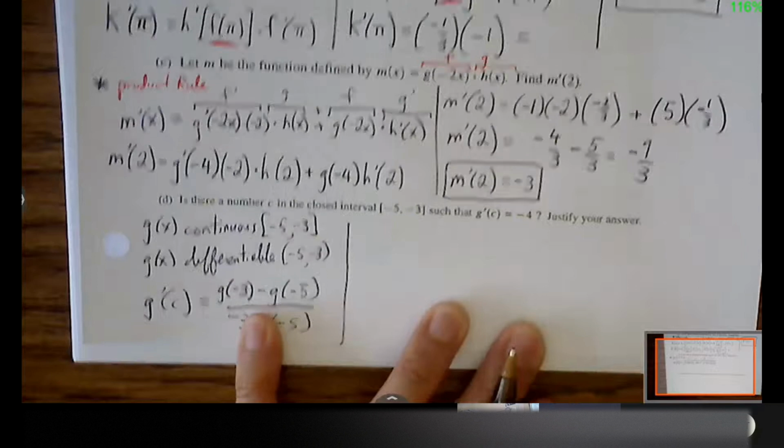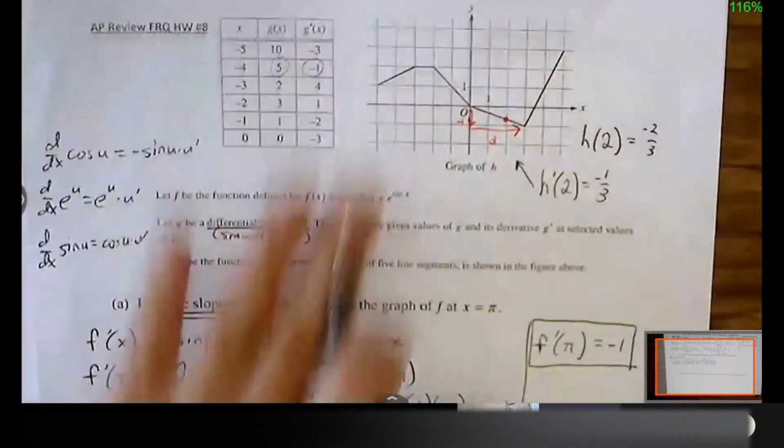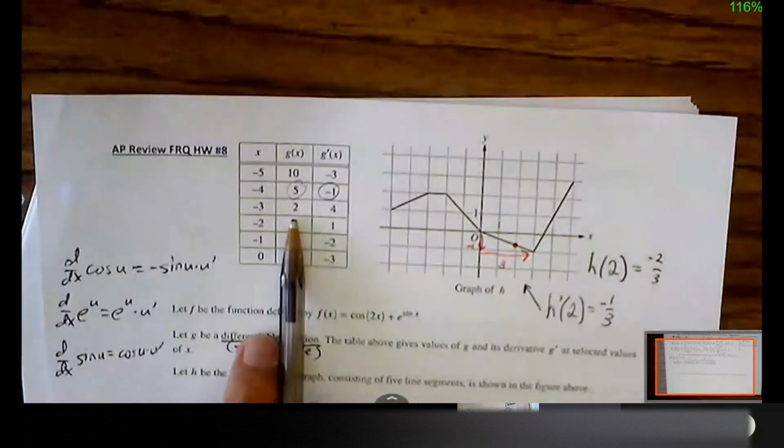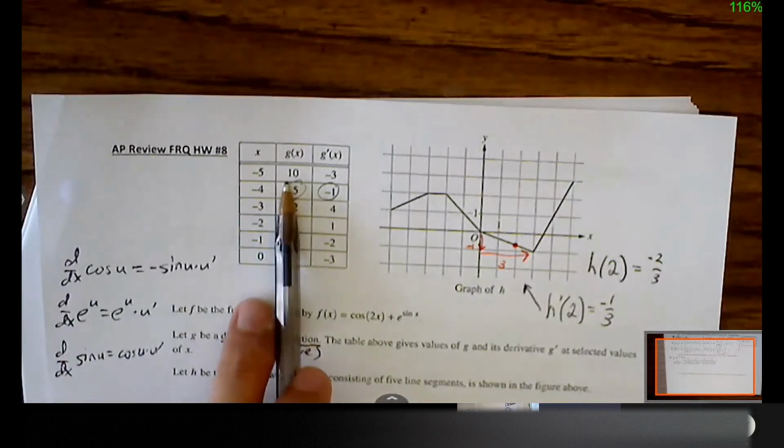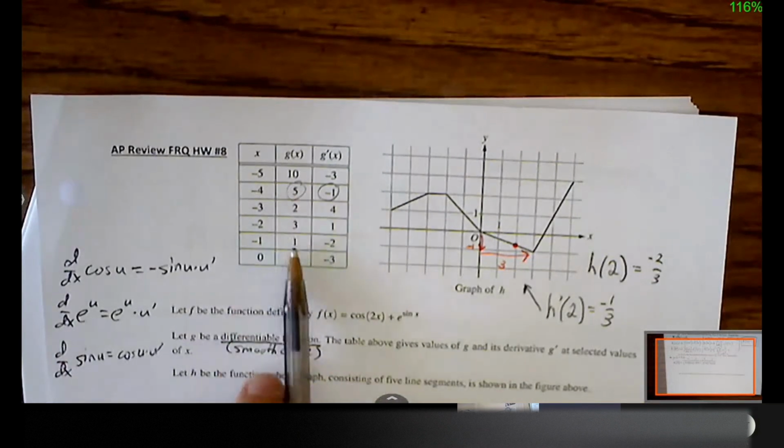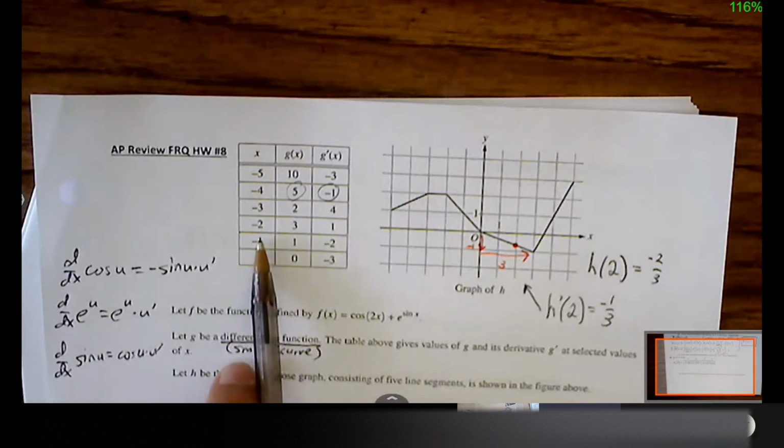Right, so we just pick out values from our table here. G of -3 is just 2. G of -5 is 10. So we say 2 minus 10 over -3 minus -5.